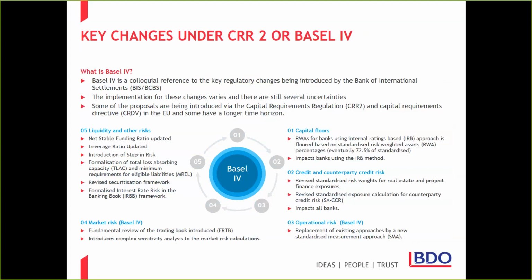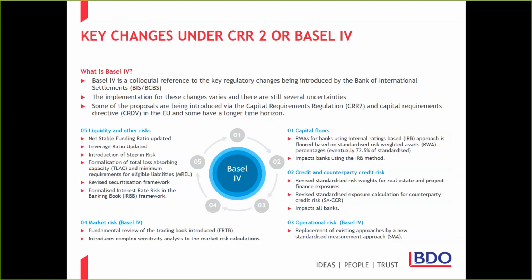Another change we see is around counterparty credit risk. And there are updated standardised risk weights for real estate and project finance. I have a separate slide on that, but the headline is that the better the loan to value on your products, the lower the risk weight for standardised. For counterparty credit risk, they are changing the current exposure method to a more complex and risk-driven measure called SA-CCR.